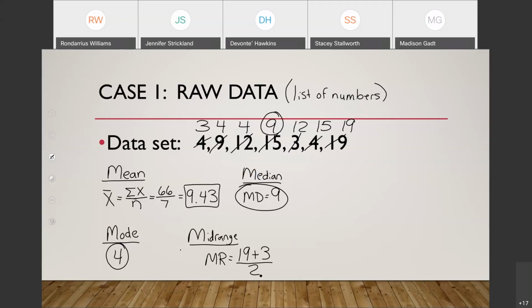So let's see, 19, 20, 21, 22 on the top. All right, so the mid-range would be 11. Everybody okay with that?